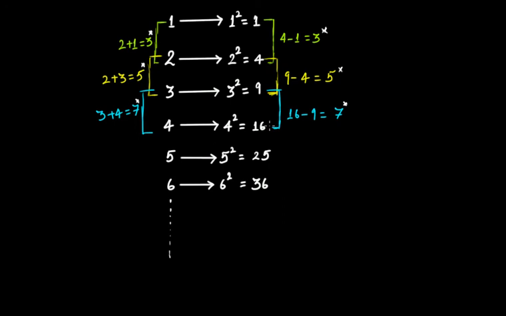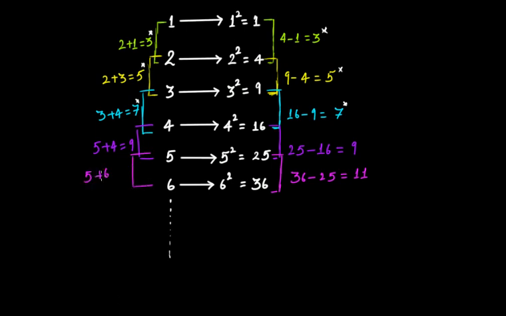In the same way, 25 minus 16 is equal to 9, and 5 plus 4 is equal to 9, and lastly 36 minus 25 is equal to 11, and 5 plus 6 is equal to 11. So here also you get 9, here also you get 9, here you have 11, and here also you have 11.